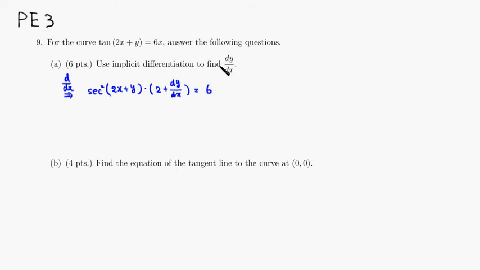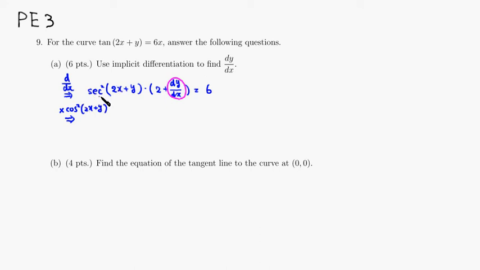Then what we're looking for is dy over dx. So I'm going to first get rid of secant squared. Secant squared is the reciprocal of cosine squared, so why don't I just multiply by cosine squared of 2x plus y.